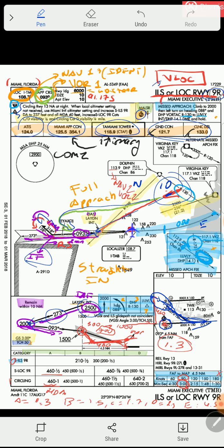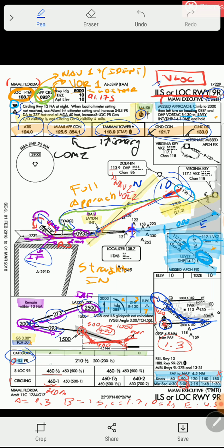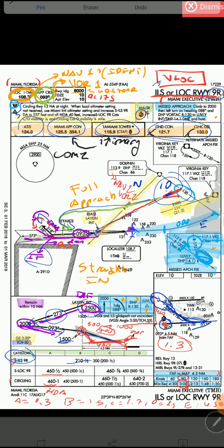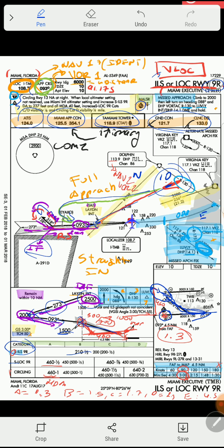From the intermediate fix, if we are clear and established, we start descending to 1,500. If the Glasgow is operative and we're doing a straight-in ILS approach, we take the Glasgow intersection at 1,500 feet and descend to my minimums, which is going to be 210. If not, we use the localizer, cross Leiden at 1,500 feet.